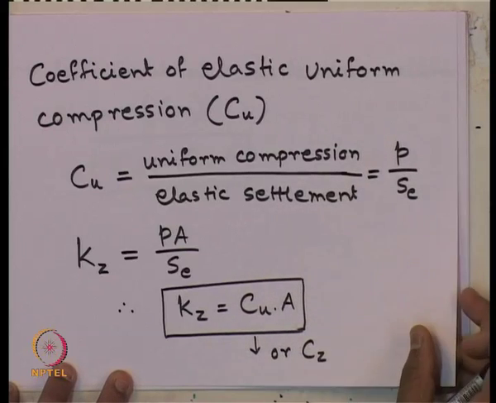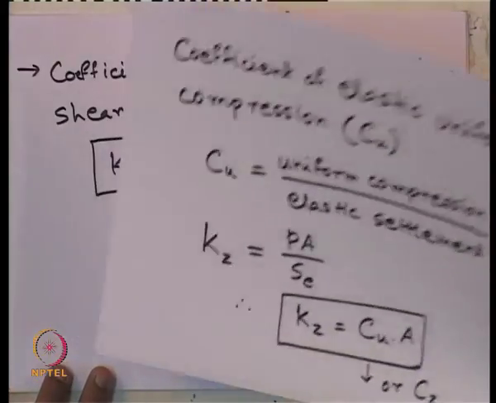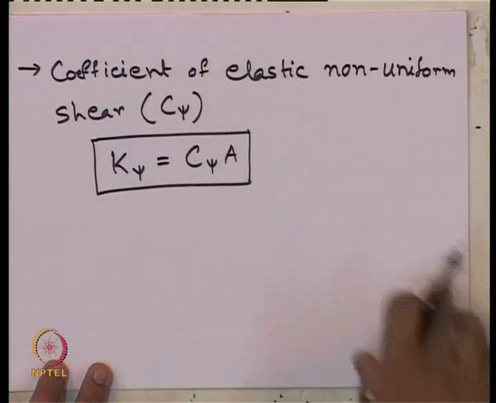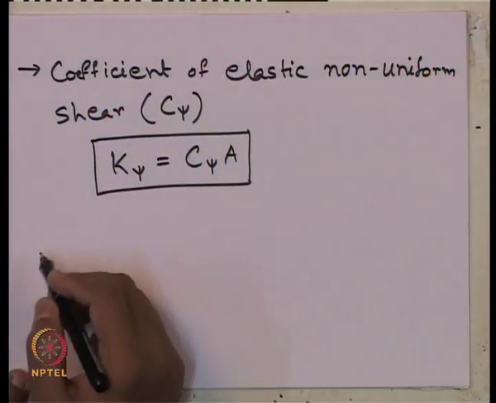So, we compute Cz, and the other remaining parameters we generally compute from the relationship between these individual coefficients. It is easy to determine the relationship between coefficient of elastic uniform compression and coefficient of elastic uniform shear and other coefficients. So, you can note down these coefficients are correlated.